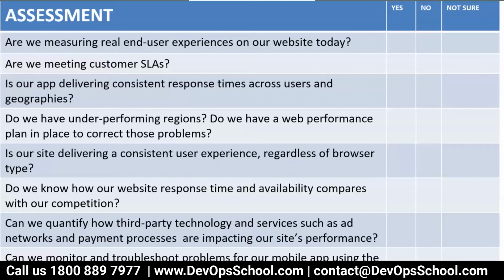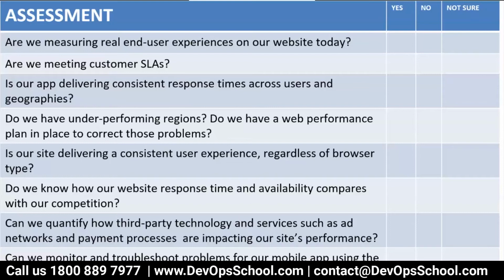Yeah. Can we quantify how third-party technology and services, such as ad networks and payment processors, are impacting your site performance? See, for payment processing, you have to go out of Amazon, you have to go out of Flipkart. So how much time is it taking? Is it really impacting the overall performance of your site experience?